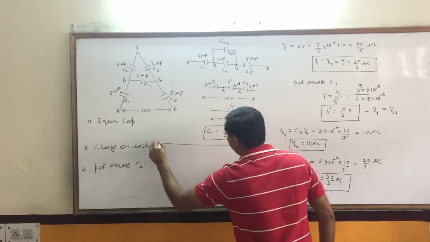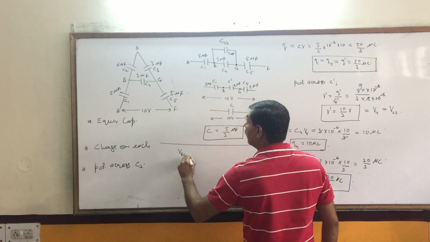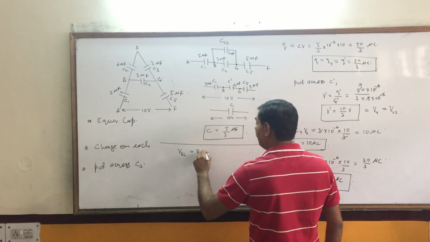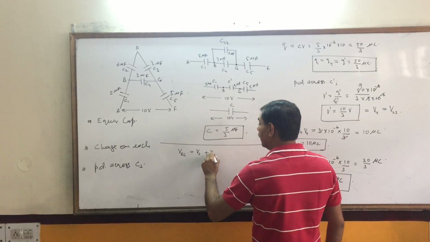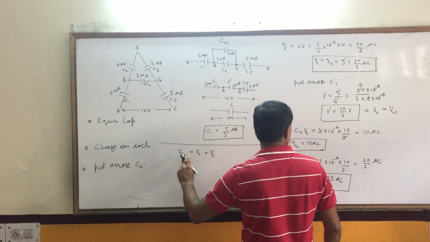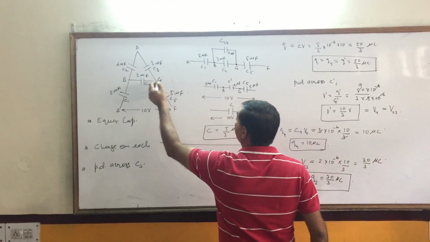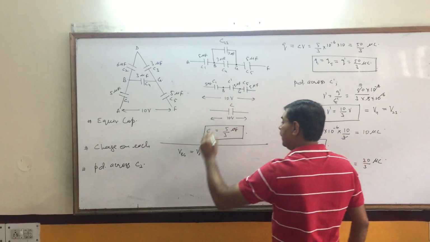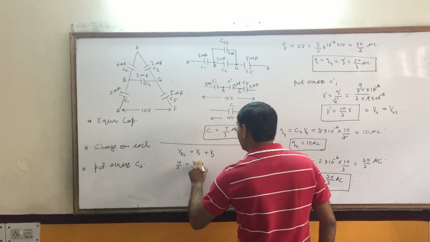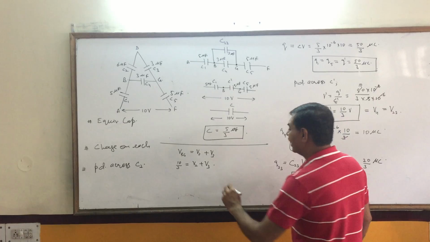Okay? The potential drop across BG is actually V2 plus V3. VBG is V dash, which is 10 by 3, equal to V2 plus V3. Let's divide it equally.